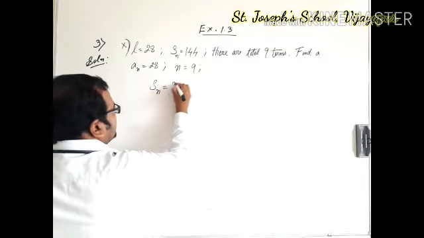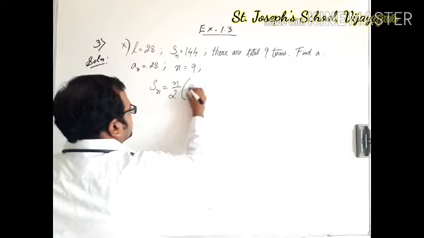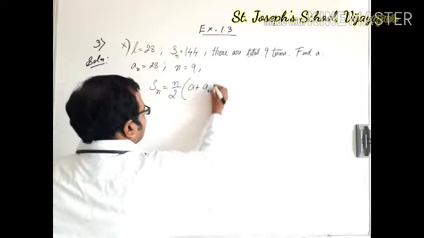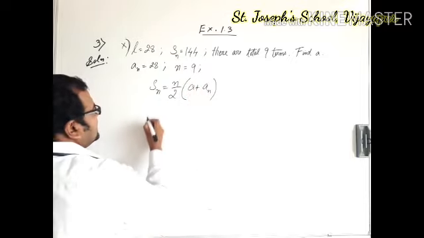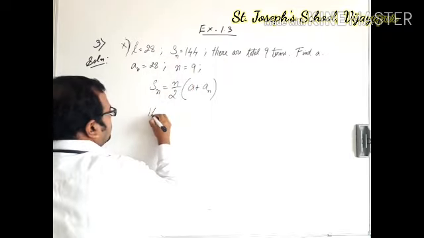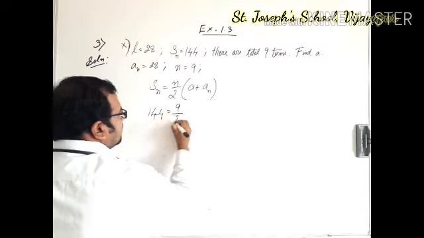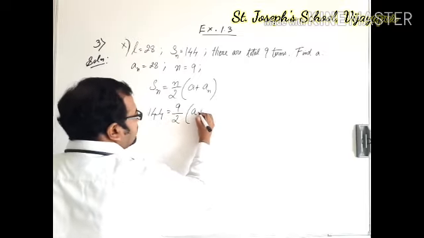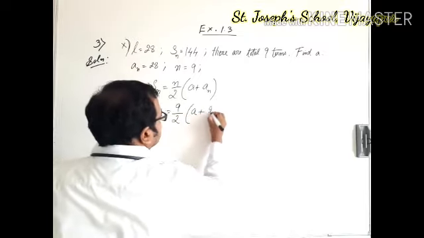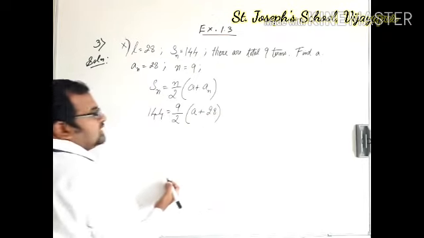S_n is equal to n upon 2 into a plus a_n. Now S_n is 144, n is 9 by 2, a we don't know, we have to find out, a_n is the last term, L, that is 28.